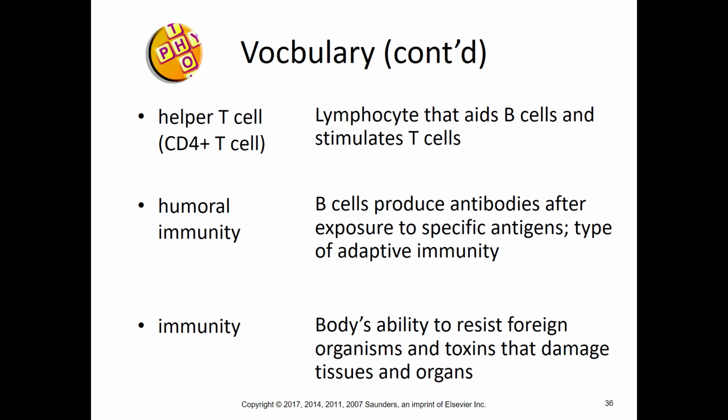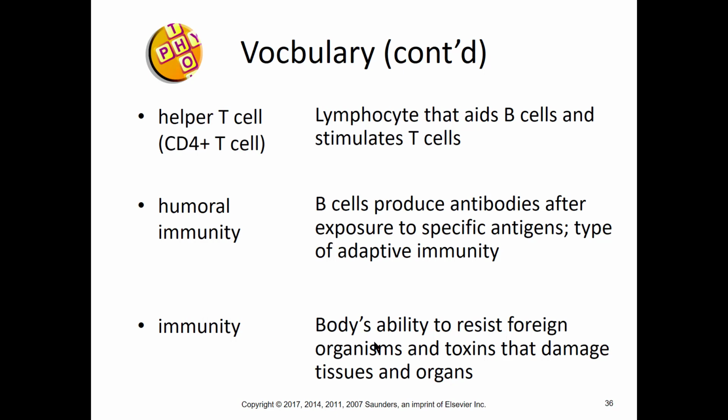They're white blood cells that aid B cells and stimulate T cells to actually go and kill those antigens. Humoral immunity is when B cells produce antibodies after exposure to a specific antigen. Remember we discussed that earlier. It's a type of adaptive immunity.